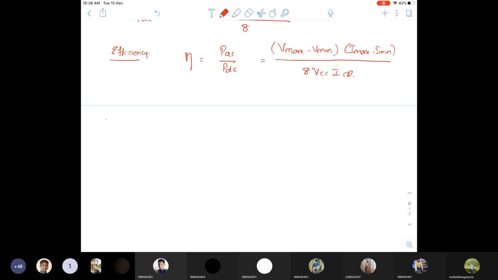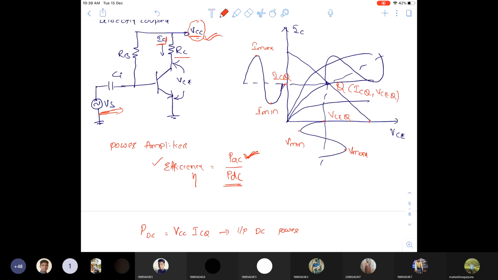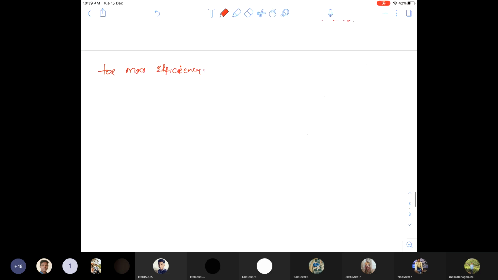But for maximum efficiency, from this waveform, let us go back and see. This is the output waveform. I will tell you what V max, V minimum, I minimum and I max are. For maximum efficiency, we extend the swings to the minimum and maximum. So this is the midpoint. Like this, the minimum should be at the origin point, and the maximum at twice the DC point.